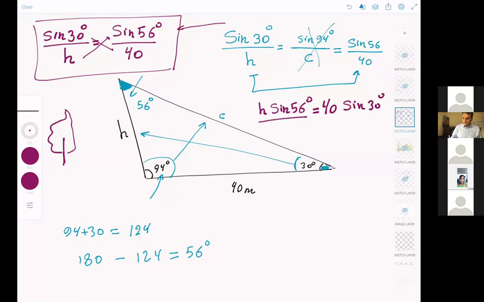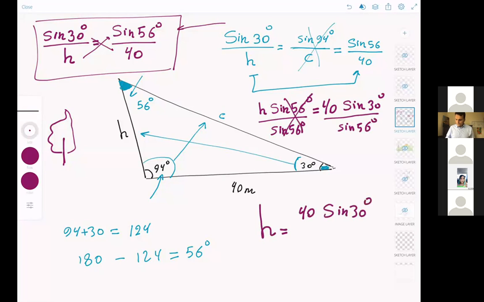I divide by sine 56 degrees, and I'm done. I've got h, which is the height. It will be 40 multiplied by sine of 30 degrees divided by sine of 56 degrees. Now we use the calculator.